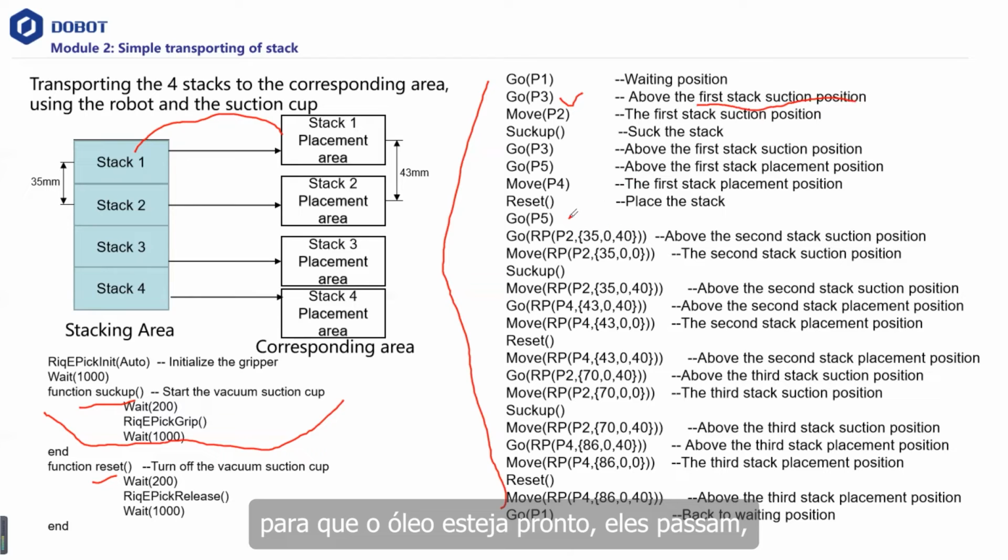We go to it, and then we go RP. RP means the offset of P2. First we go to P2, and then when we go to the offset, it's about the second stack suction position. So we first go to the points above, and then move to the suction position. We move and then suck up.